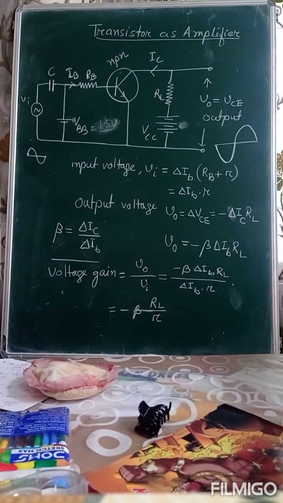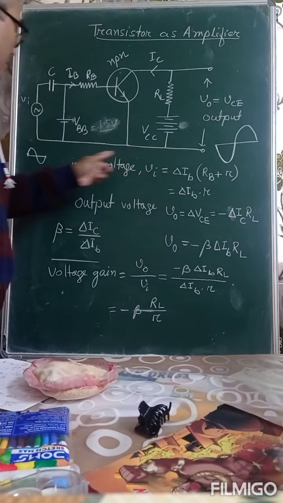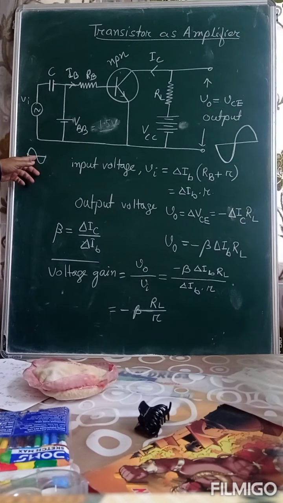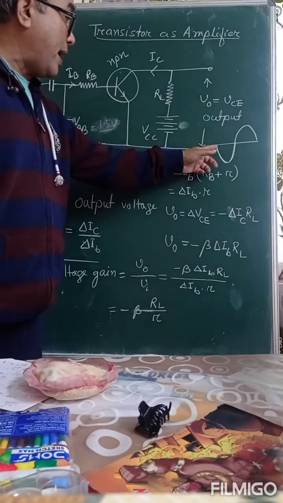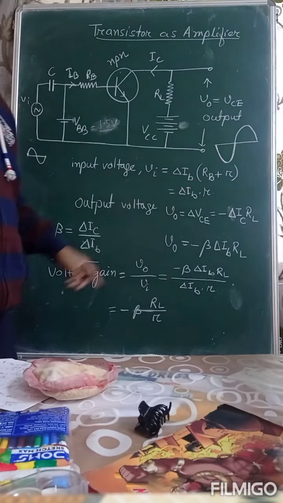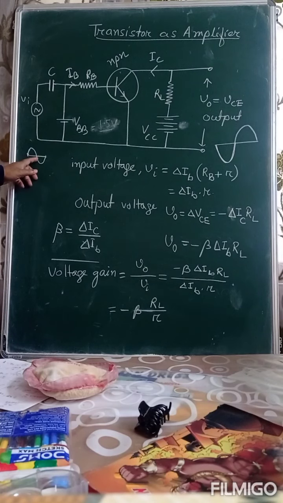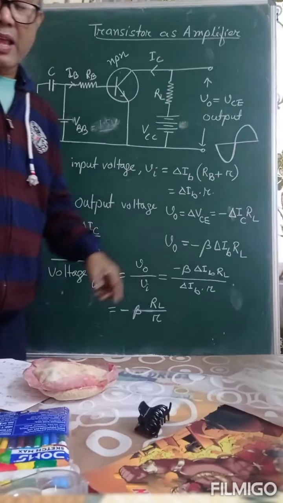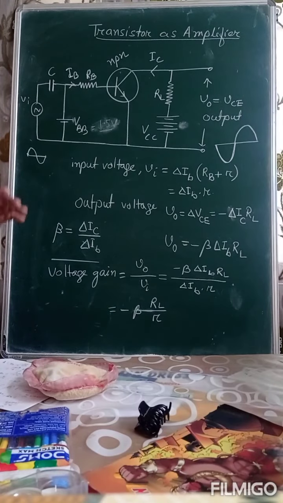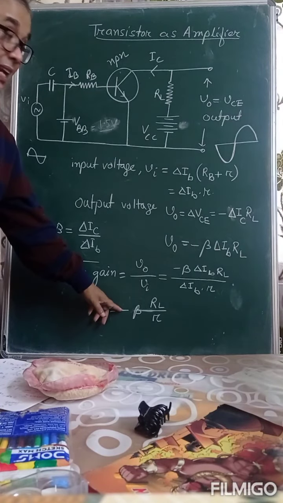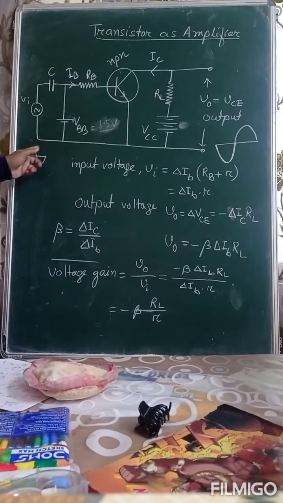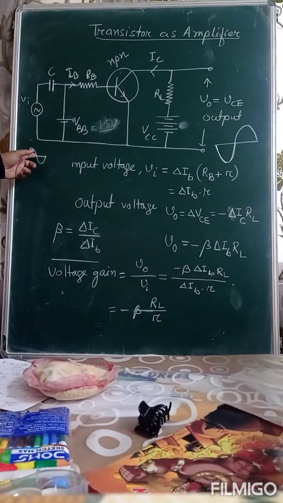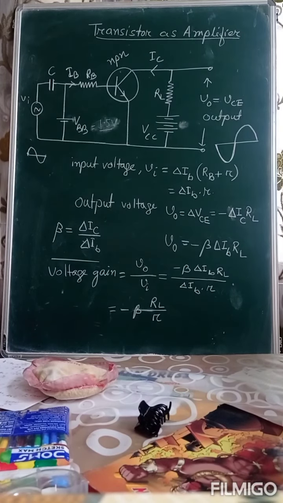You have seen that the output signal is inverted with respect to the input signal. During the positive half of the input signal we get the negative half of the output amplified signal, and during the negative half of the input signal we get the positive half of the amplified output signal. Is it clear? This negative sign implies that the output voltage is 180 degrees out of phase with that of the input signal. Clear?